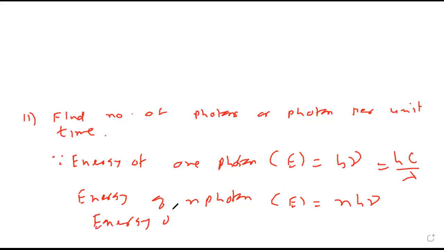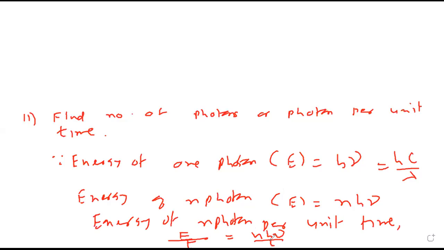So energy of n photons per unit time, that means if it is given in watts, then E per unit time, that means energy in terms of watt, not in joules. So it will be n h nu upon time. If energy per unit time per unit area is given, then it will be n h nu upon area into time.